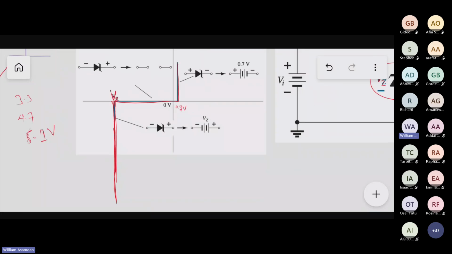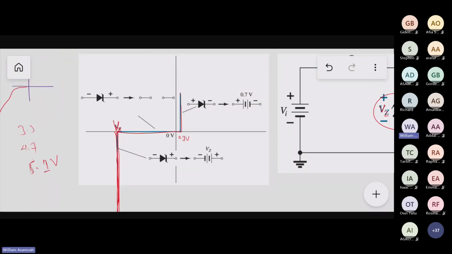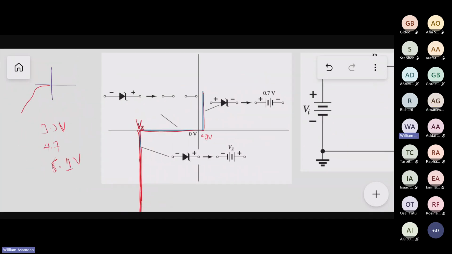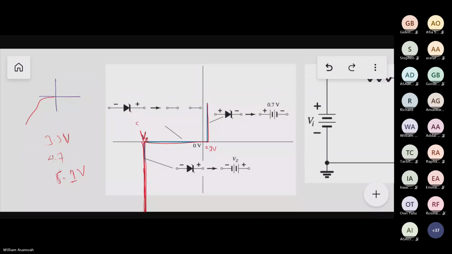If it's a 5.1 V Zener diode and you connect it to a 3.3 volt supply, as long as you have not gotten to that VZ of 5.1, you won't see anything.